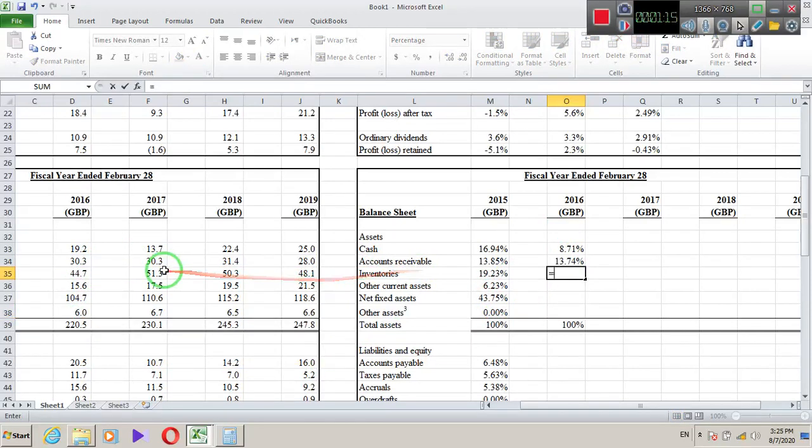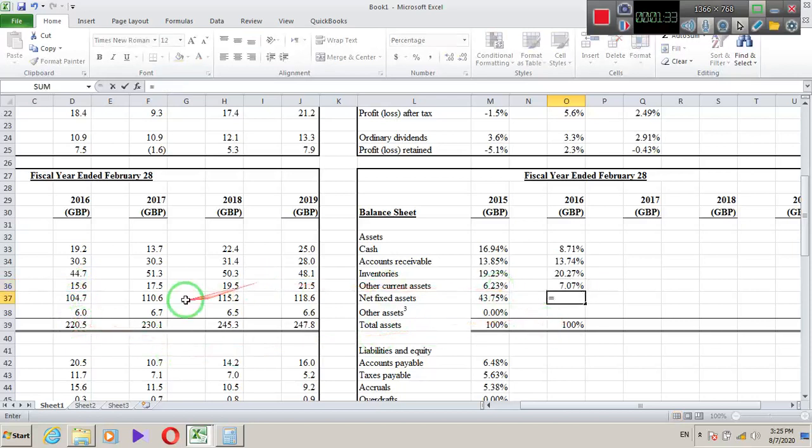Same as inventory, and total percentage is 44.7 divided by 220, 20%. So same as other current asset, 15.6 divided by 220.5, that is 1.07%.